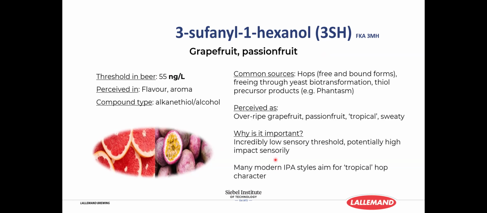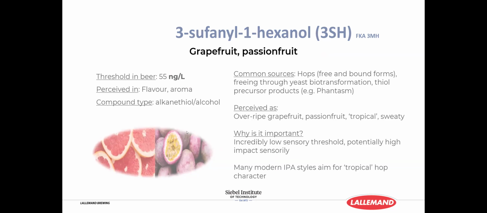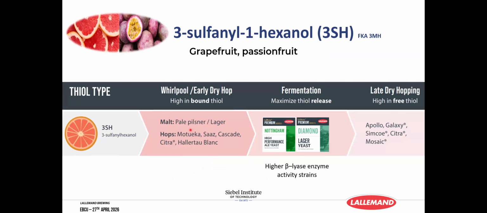Like I said, to maximize this, you want to not only have the right hop varietals, you'll see here, maybe so intuitive, early dry hop or whirlpool hops for your modern IPA, but high in bound thiols, but also the malt.